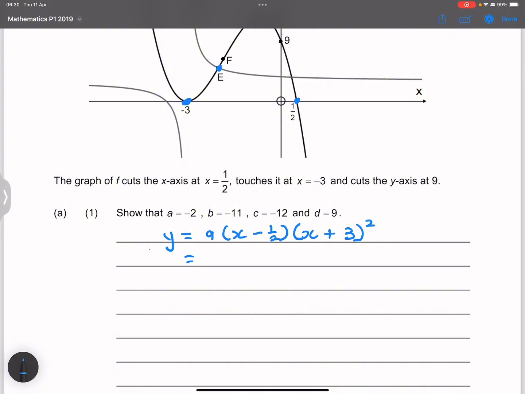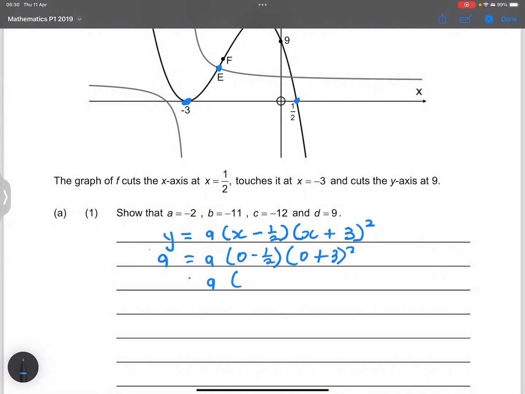So that would be minus 1 over 2 times 3 squared. So A would be equal to negative 1 over 2 times 3 squared is 9.